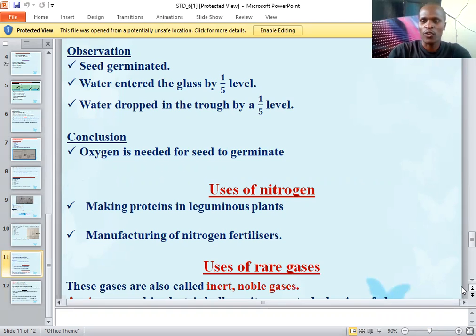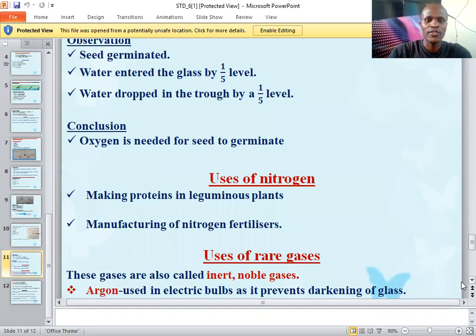Apart from that, you can also use nitrogen in manufacturing of nitrogen fertilizers. When you are in class 7, you'll be taught about different types of fertilizers, and one of them is nitrogenous fertilizers. These are the fertilizers that have nitrogen.